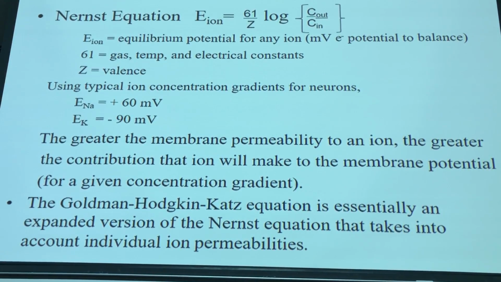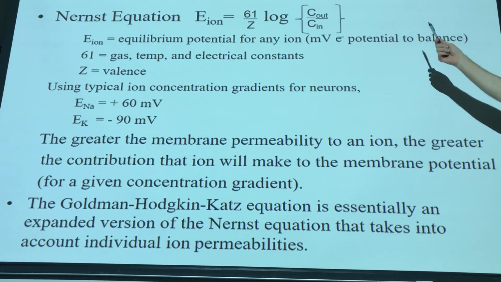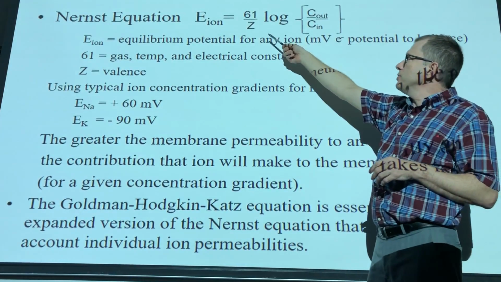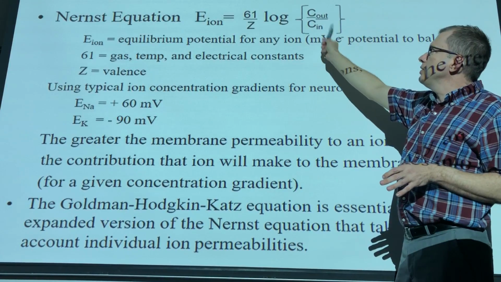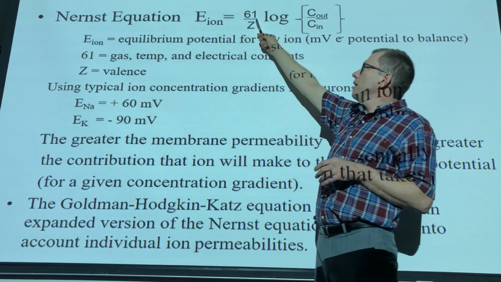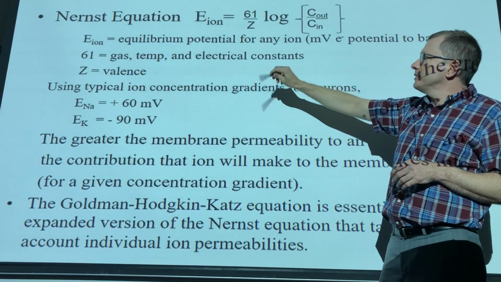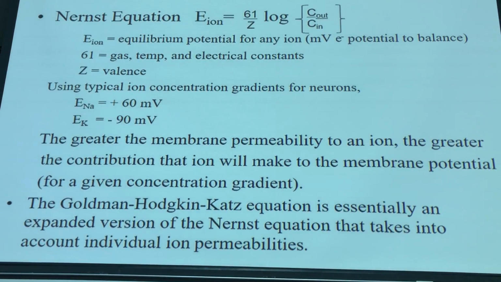So the Nernst equation tells us that we can figure the equilibrium potential for any ion if we use, and you're not going to have to write this equation, but you need to know what's related to what. Basically, 61 is a constant that takes into account gas, temperature, and electrical constants, okay?